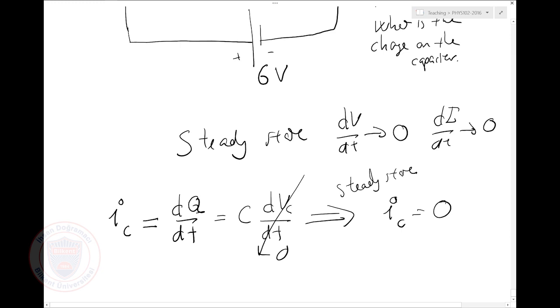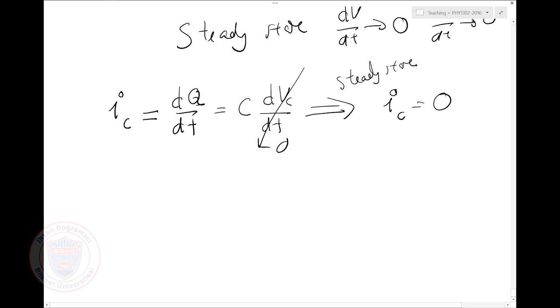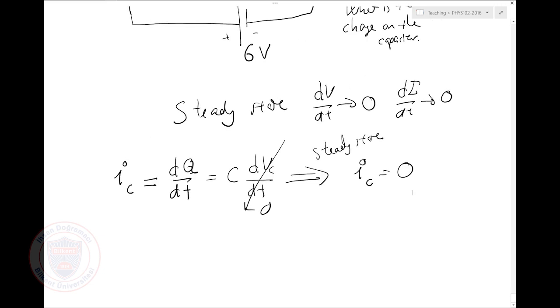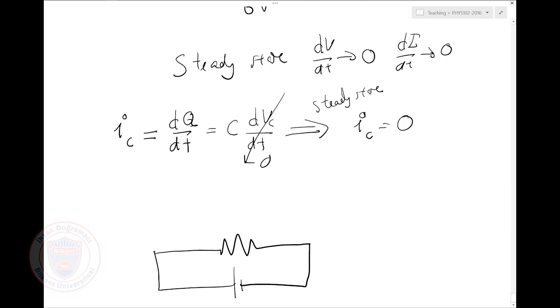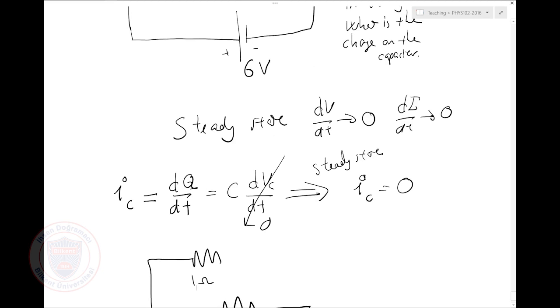So the question is actually quite simple. It tells me that, hey, draw the same circuit again. So I'm going to draw it again. Six volts, 2 ohm. Then I have 1 ohm, 2 ohms, 2 ohms.